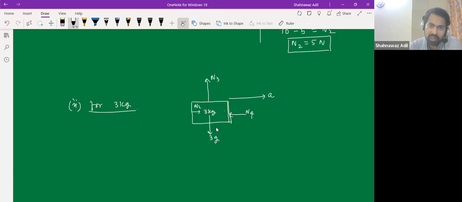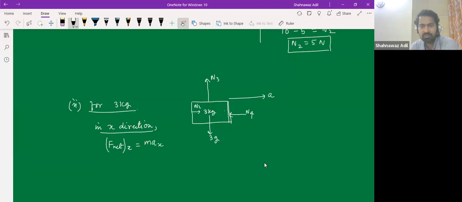Equations of motion. The first one would be in the x direction. Applying F net in x, that is m a_x, right, everyone? First you tell me, what would be the N2?